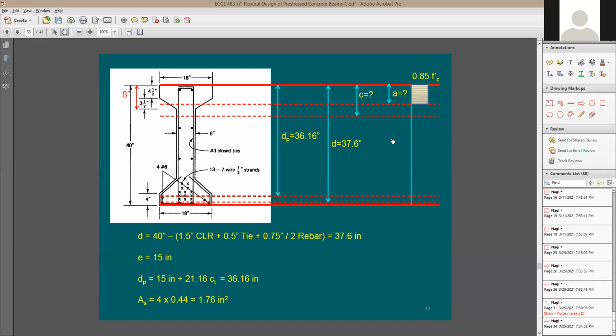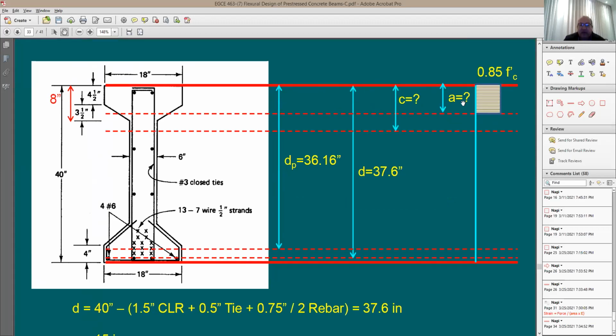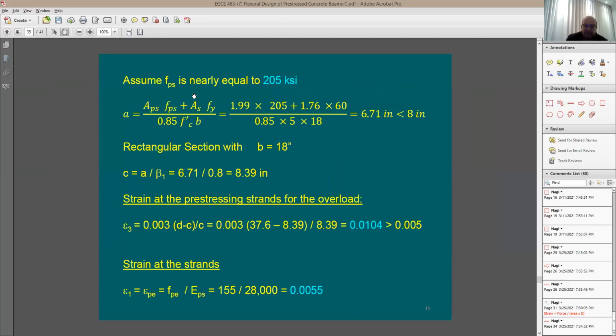If I consider here that the width of the flange is going to be smaller than 18-inch, which is the case, would that result in a higher value of A or a smaller value of A? Higher, because you are pushing this down, right? So you just need to have the feeling and understanding of what's going to happen.